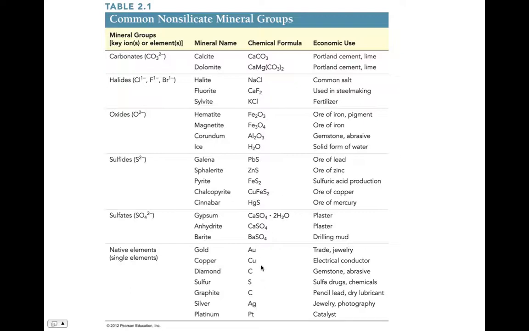The uses of these native elements are commercial use in jewelry, but also for electronics, for pencil lead, and for silverware, and the platinum is used as a catalyst, and also for jewelry.